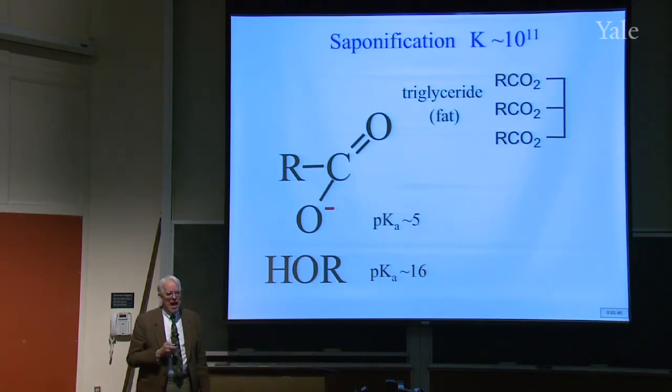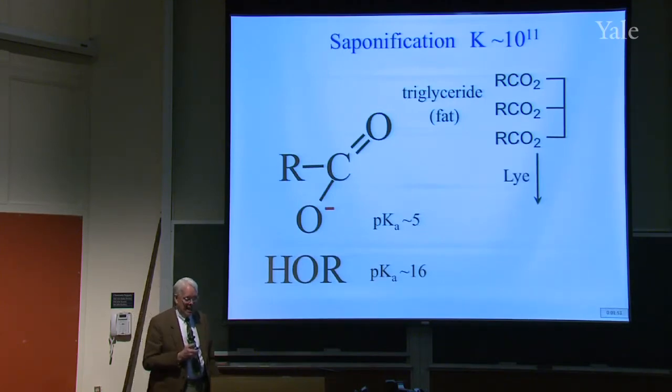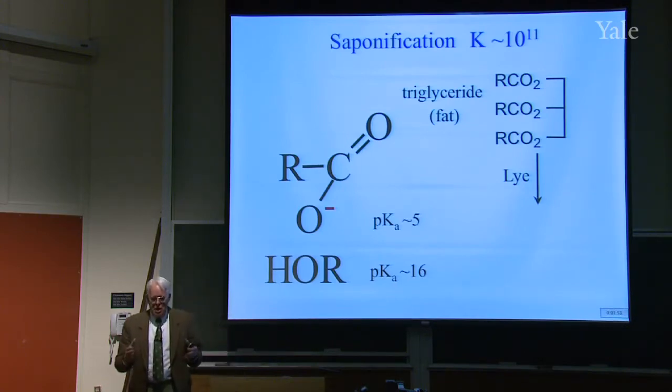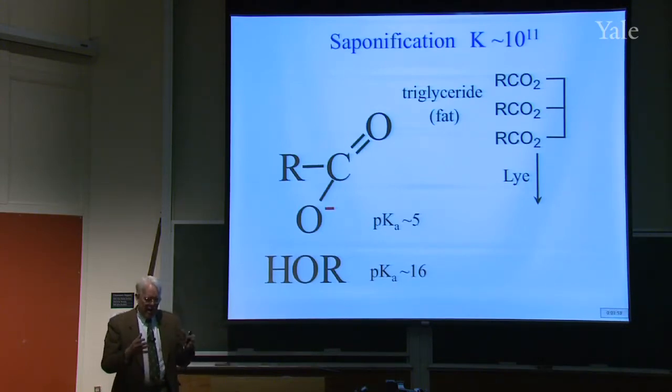And if you treat fat with lye, you're doing something that's been known through millennia, right? Because lye is what you get when you take the ashes from a fire and filter water through it, and then evaporate the water. You know what you get? What lye is?